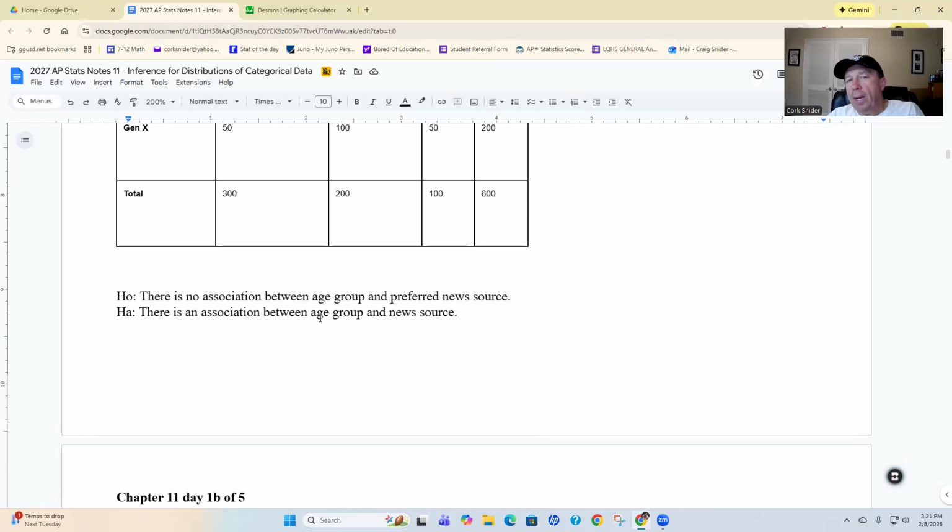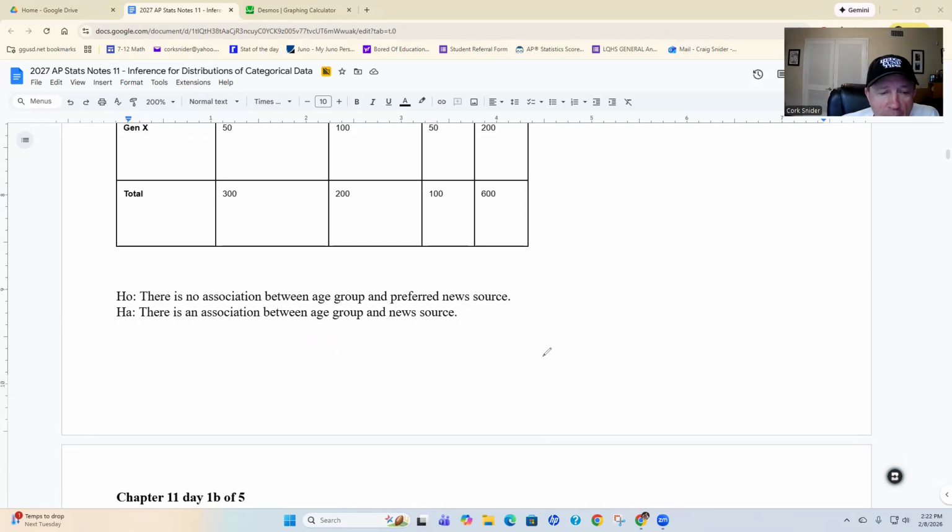You can still write the same. Okay. There's no symbols on this. There's no x-bar and p-hat. It's just words. Okay. But HA means different. H0 means the same, and it's considered a not equal to test, even though it's going to be skewed to the right. Okay, the distribution.